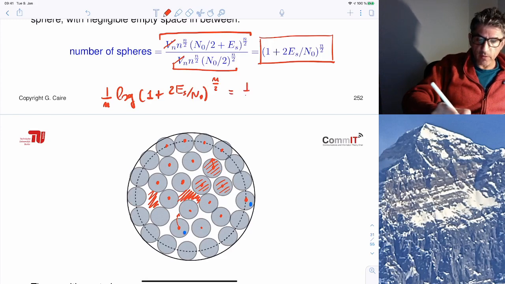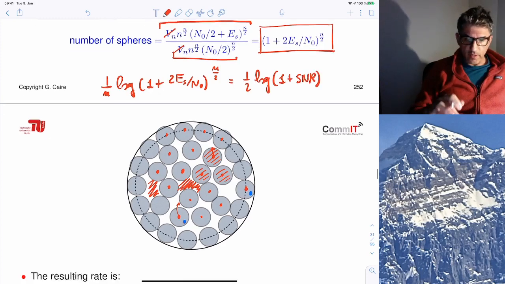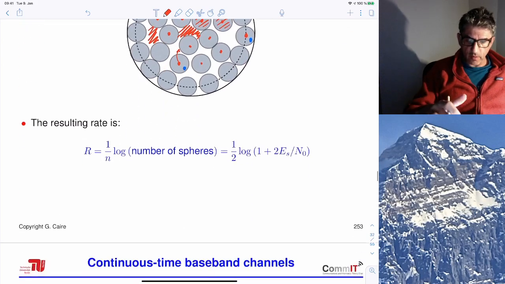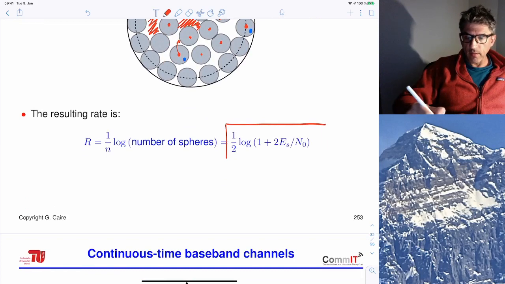And what we get is 1/2 logarithm of 1 plus SNR. Voila. So by this sphere packing argument, we recover exactly the same formula.